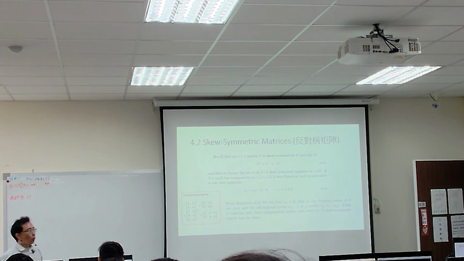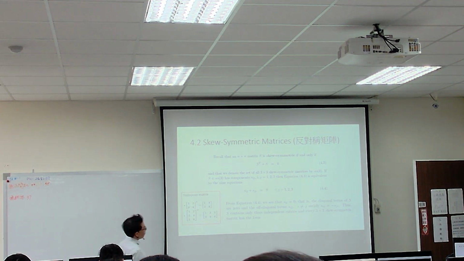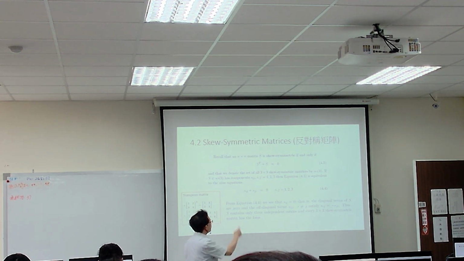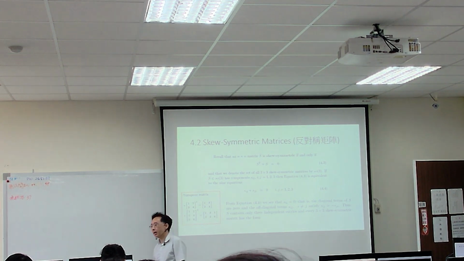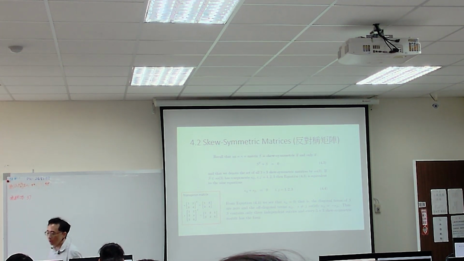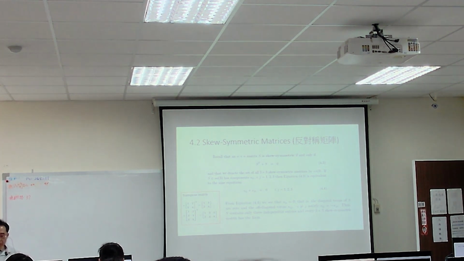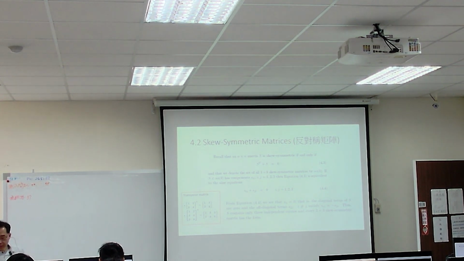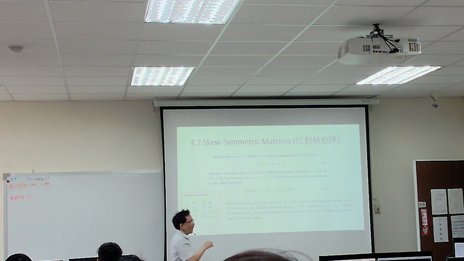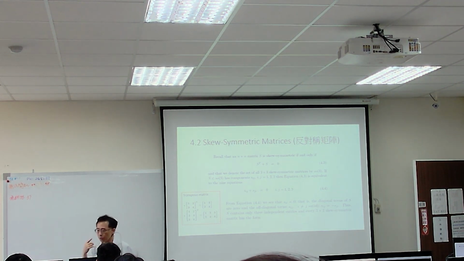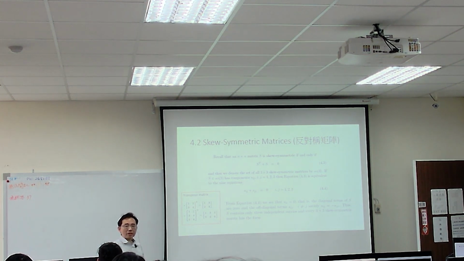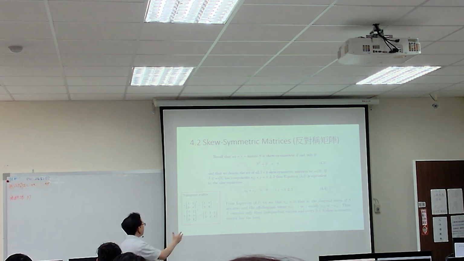For example, we need S transpose plus the original one equal to 0. We need this characteristic, and we also need the ij elements to be different, and the plus together will be equal to 0. This is the second one. I don't want to go into more detail, but I just want to show you what the transpose is, just in case you forgot everything. So I have an example here.